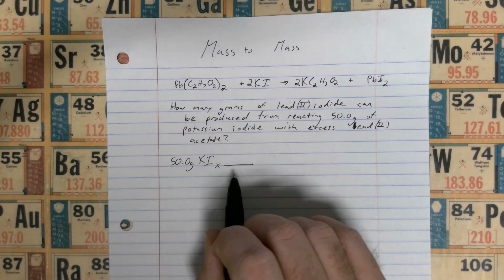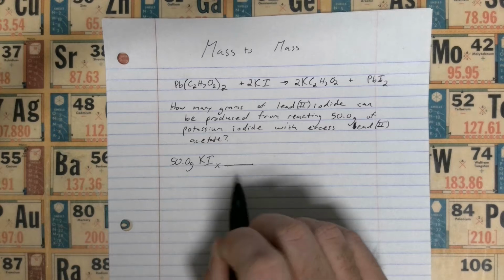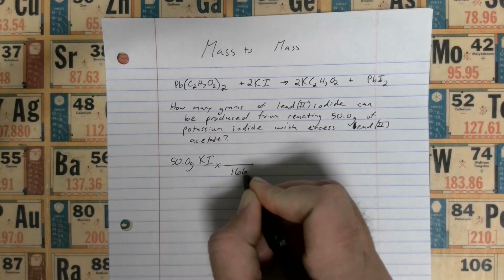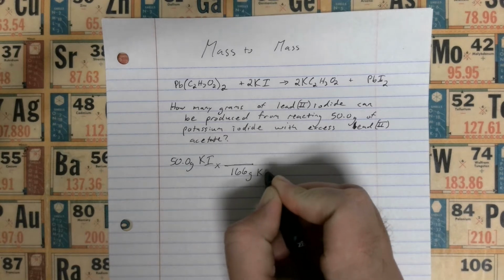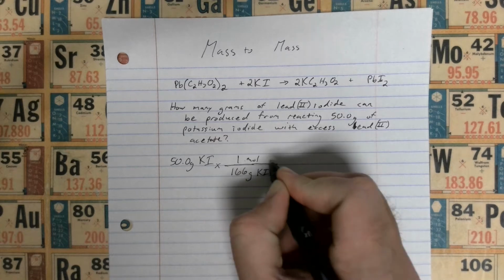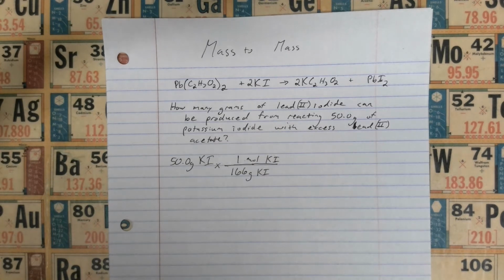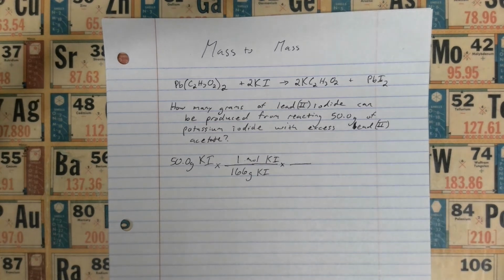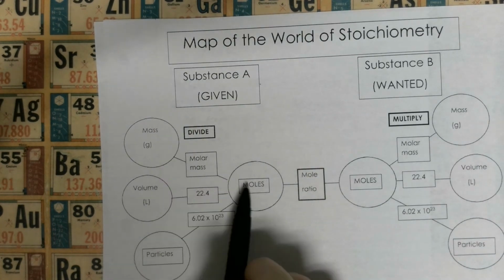Then we want to go grams to moles. So we need the molar mass of KI, which I already looked up, is 166 grams. And that's equal to 1 mole. So that gets us from here to here. Okay, so now we're at moles.